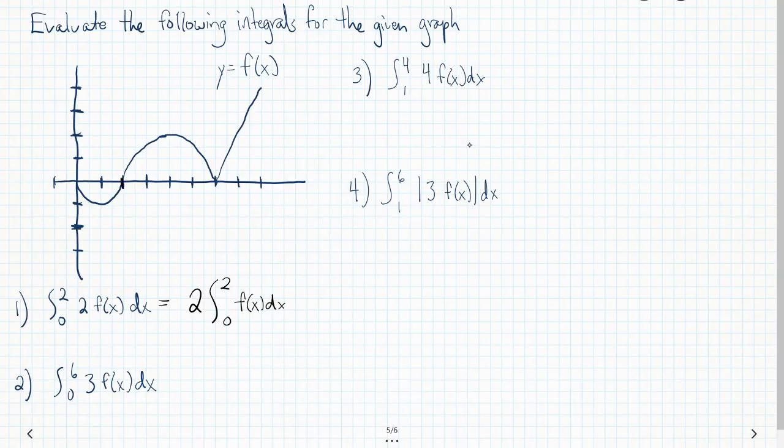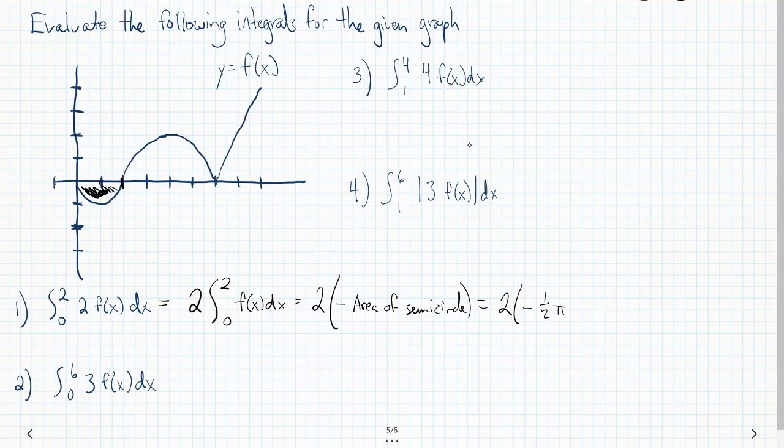Well, that means we go from 0 to 2, we shade in this area, that's what we're trying to find. So that means it's 2 times negative the area of the semicircle. Okay, well, that means this is 2 times negative 1/2 pi times, what's our radius?